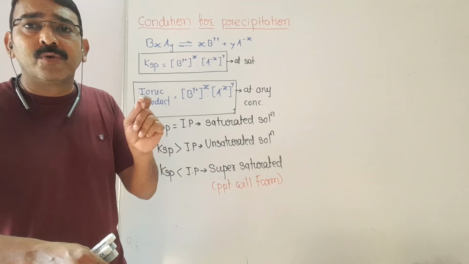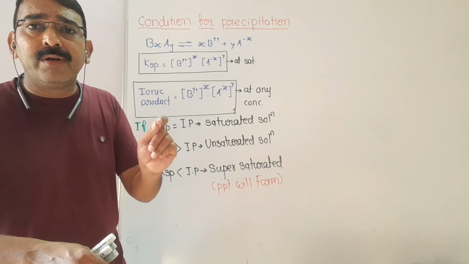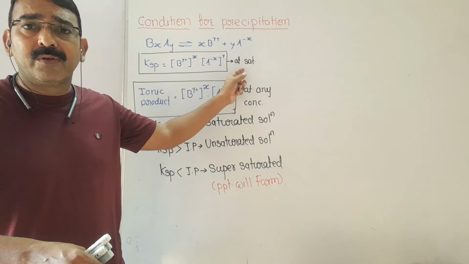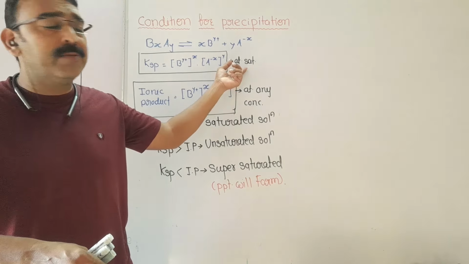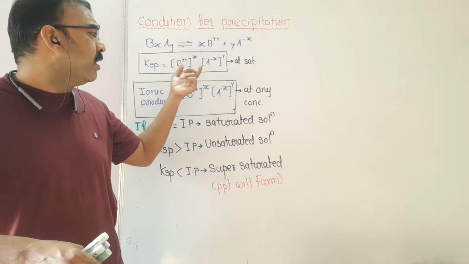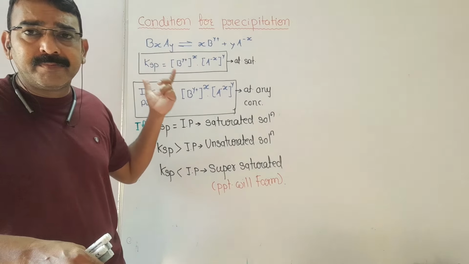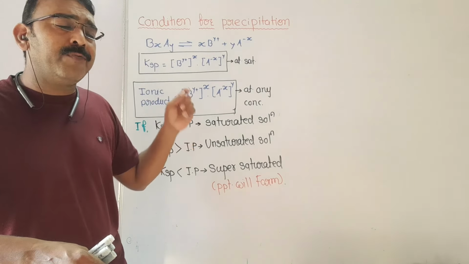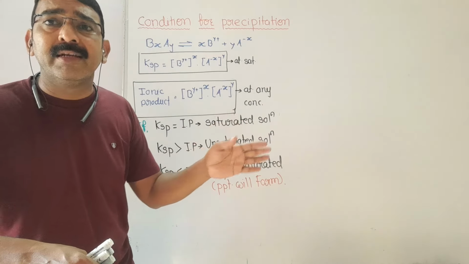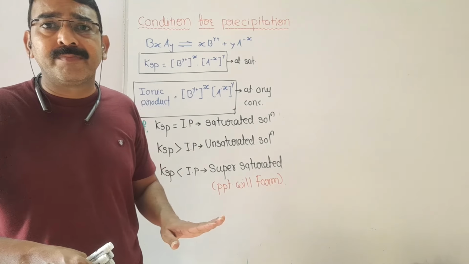But solubility product is applicable only in saturated state. That means the concentration where the solution becomes saturated. Exactly in a similar way the ionic product is defined. It is also the product of concentration of ions, but at any concentration, not necessarily at saturated state.